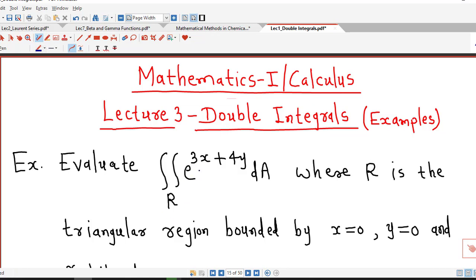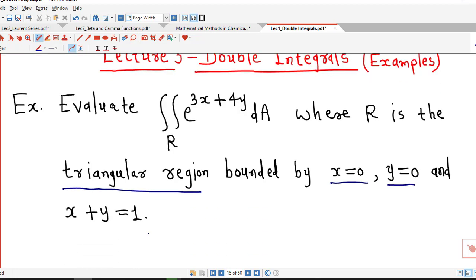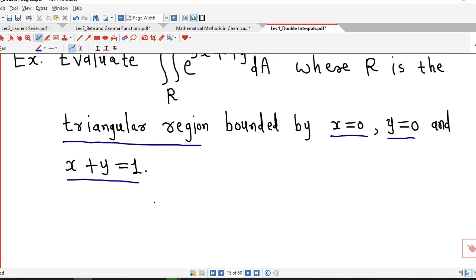Evaluate double integral of e raised to 3x plus 4y over the triangular region bounded by x equal to 0, that is y axis, y equal to 0, that is x axis, and the line x plus y equal to 1.